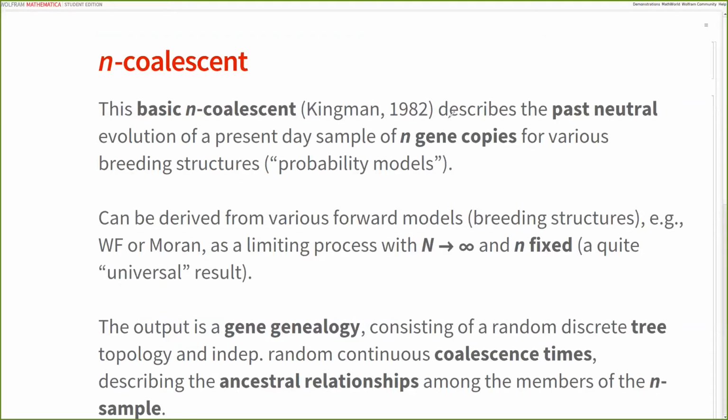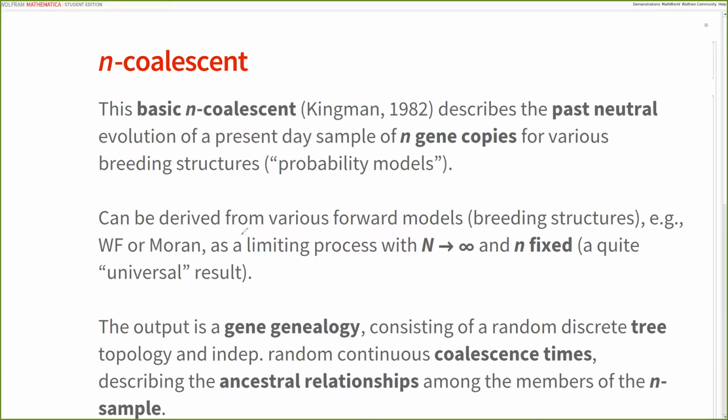The basis of the external branch length distribution is, of course, the coalescent, the so-called n-coalescent. As probably all of you know, the basic n-coalescent describes the past neutral evolution of a present-day sample of n gene copies. This asymptotic result of the n-coalescent developed by Kingman is valid for various breeding structures or various probability models.